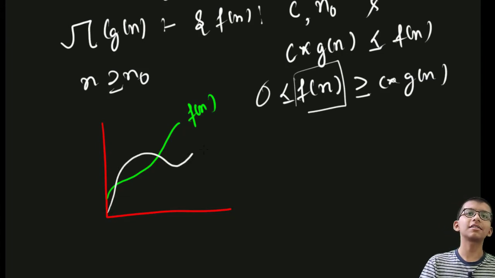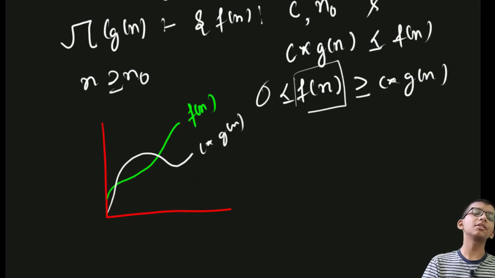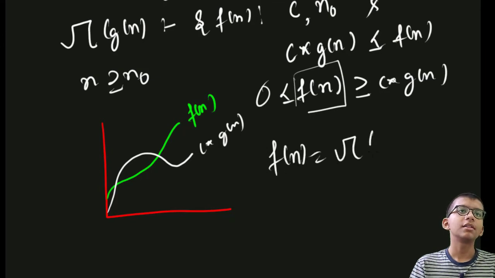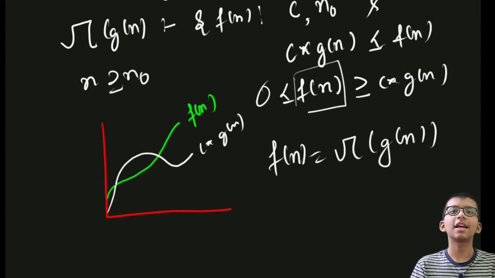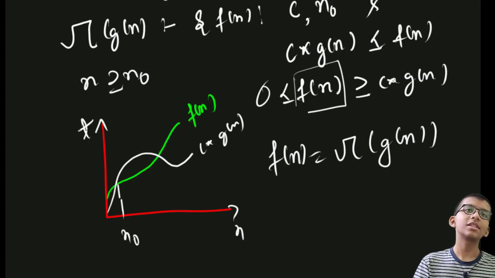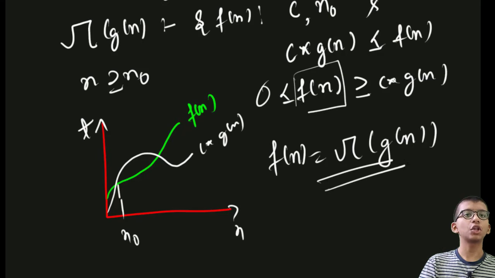You can see here that c times g of n is smaller, so it satisfies the condition. So we can say f of n is omega of g of n. Okay, and again you can take this as n naught, this as n, this as rate of growth or time. Okay, so we satisfy the condition and we are good to go.